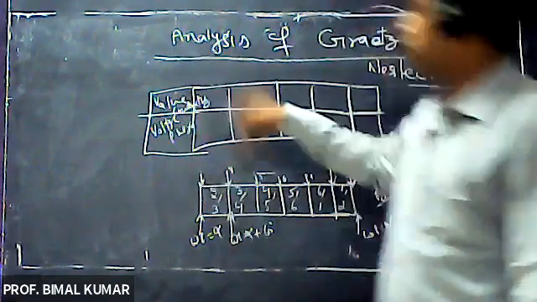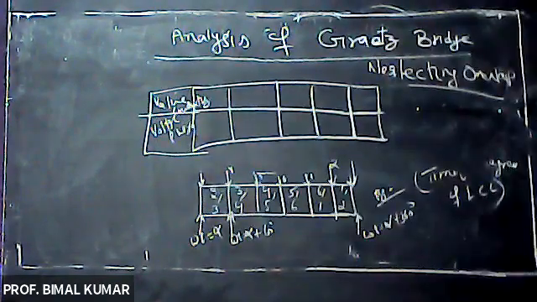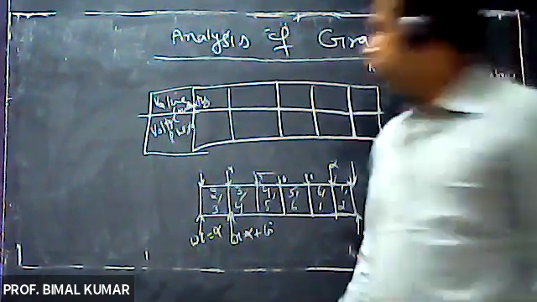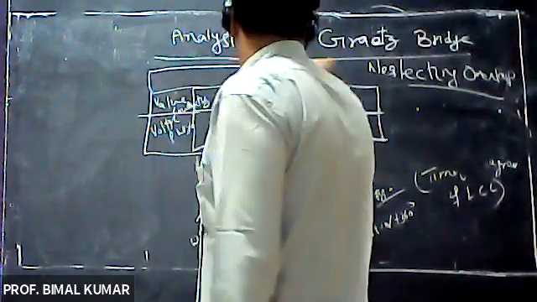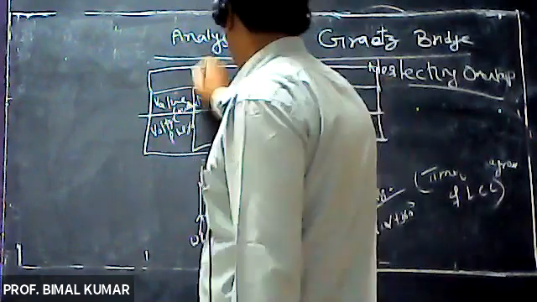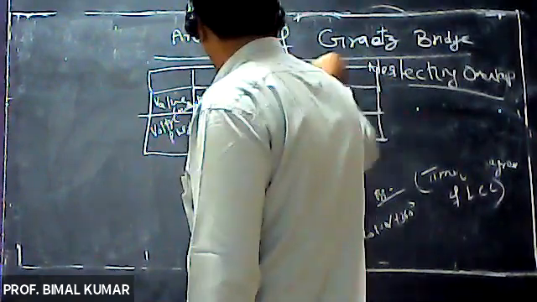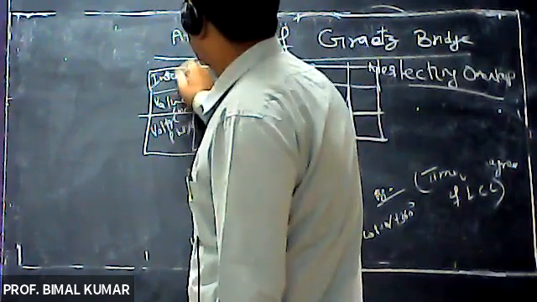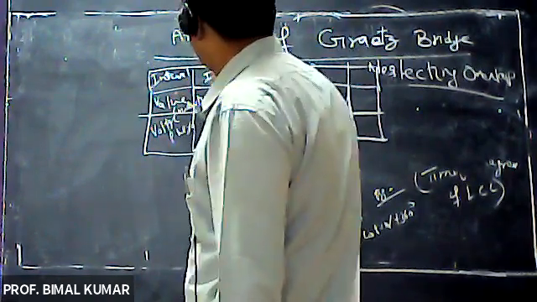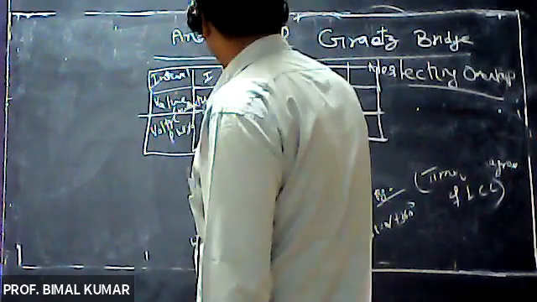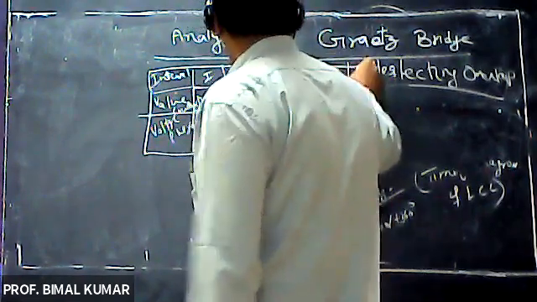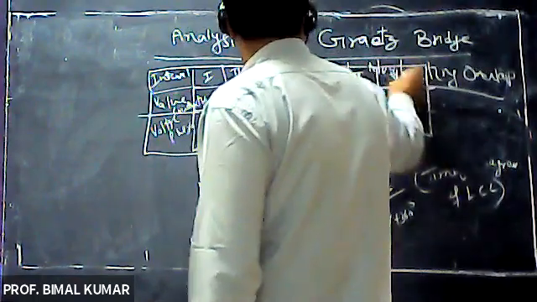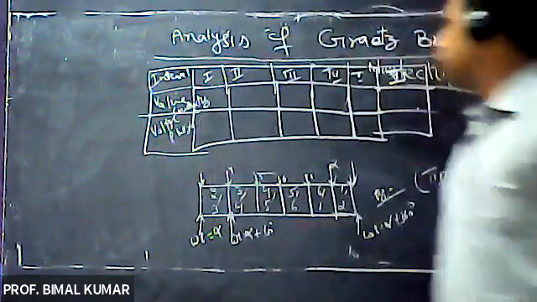Which valve is conducting and which phase is there? There are 6 intervals: 1, 2, 3, 4, 5, and 6. Right? There are 6 intervals.